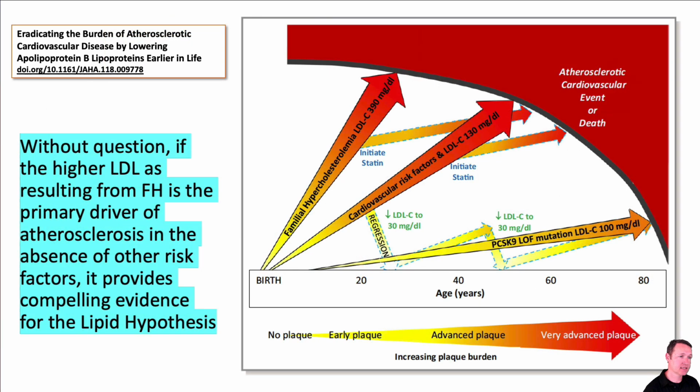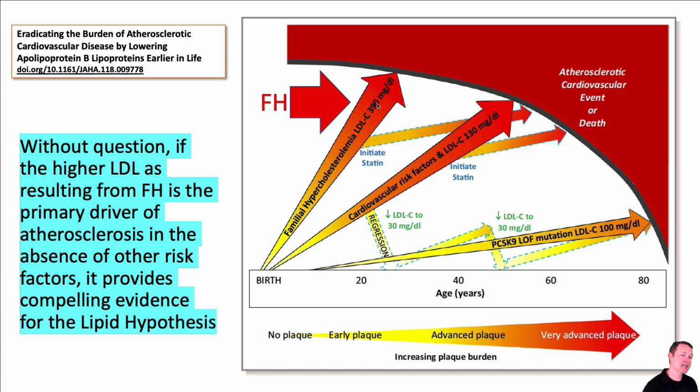Same thing when you look at this one, which is "Eradicating the burden of atherosclerotic cardiovascular disease by lowering apolipoprotein B lipoproteins earlier in life." This does a pretty good job of putting it on a time scale, going from birth to age 80. The higher your LDL, the more you should observe a higher amount of atherosclerosis. And of course, this is FH.